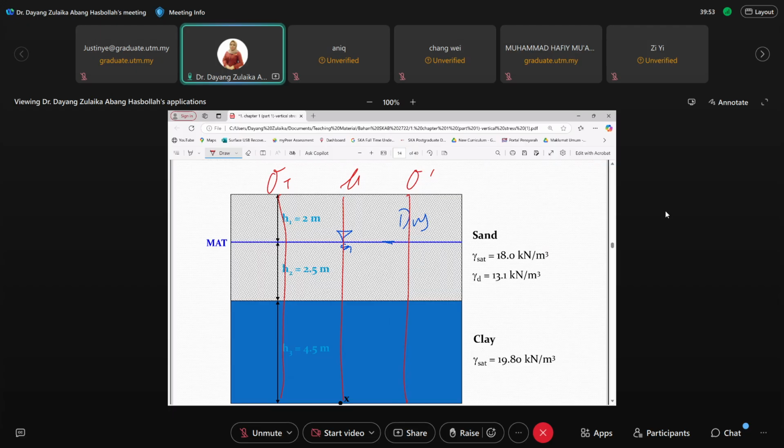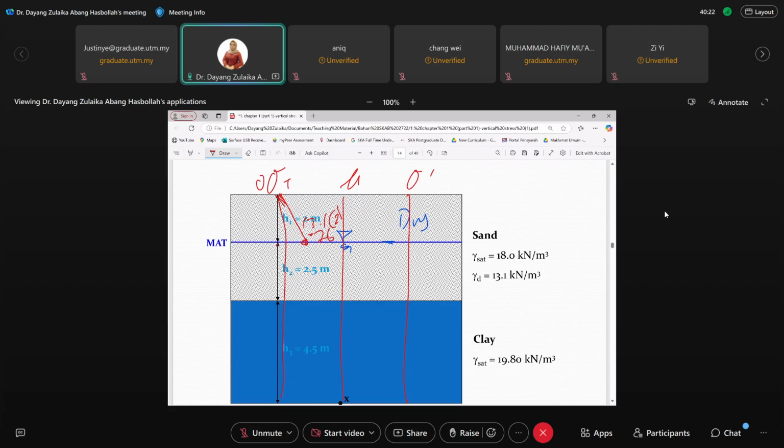You have no overburden pressure, no buildings, no foundation. So your stress will start from zero here, to the next layer, which is here. So you multiply by the unit weight for dry, 13.1, times H, which is 2 meter. So you get 26.